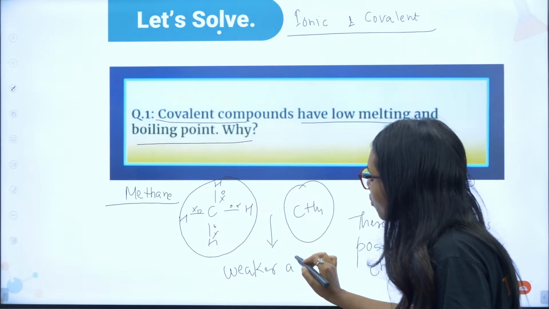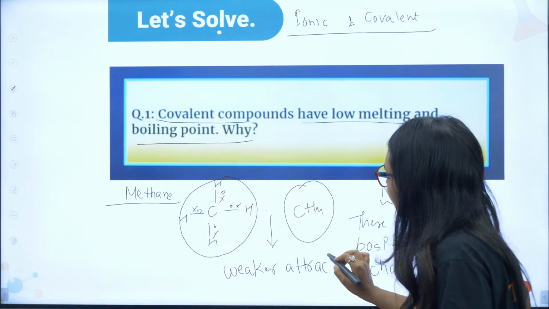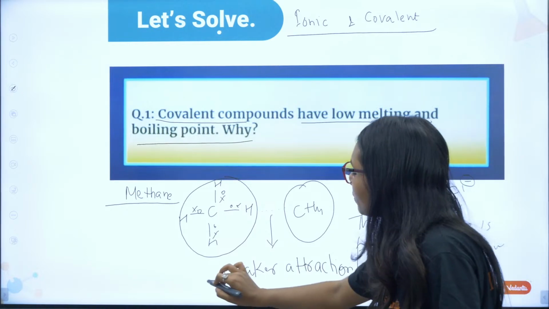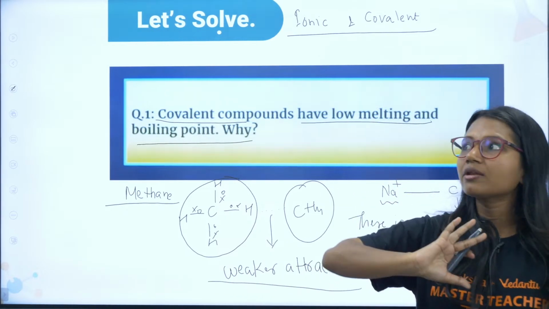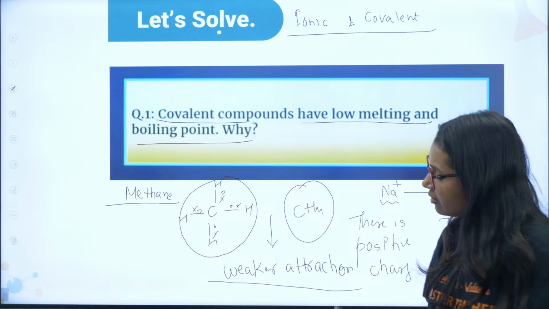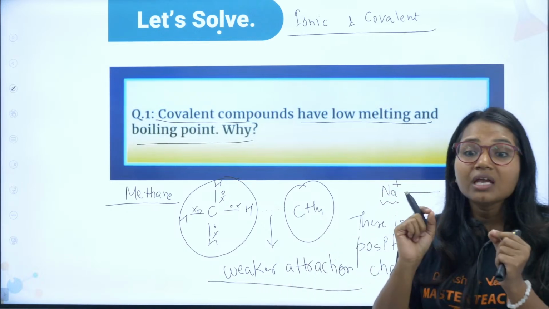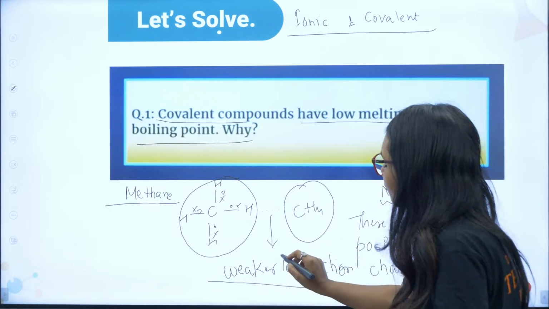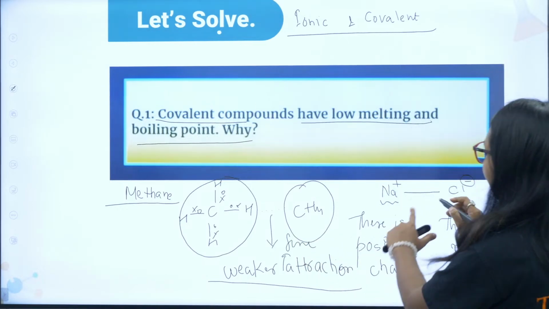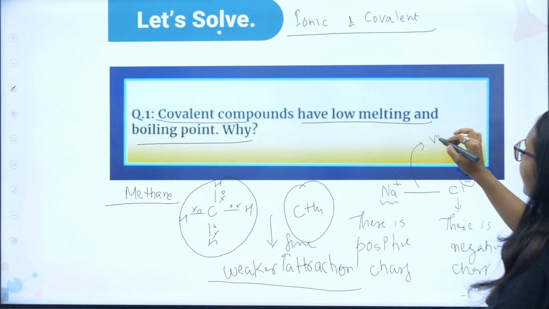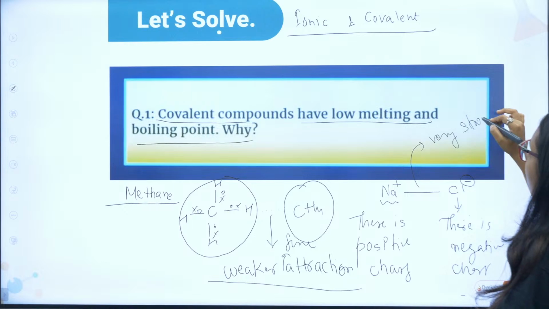If you write this phrase in the exam, your answer is going to be correct. If you are not going to write the full paragraph, this phrase is important: weaker force of attraction. But here you have very strong force of attraction.